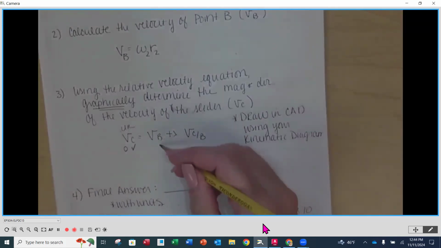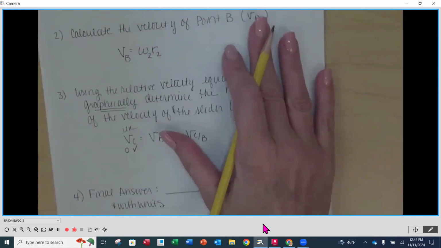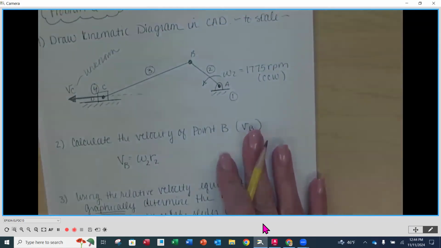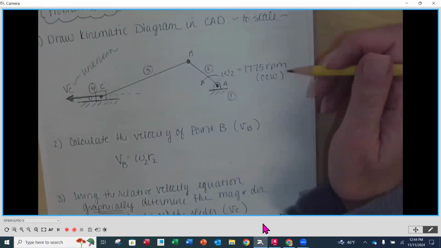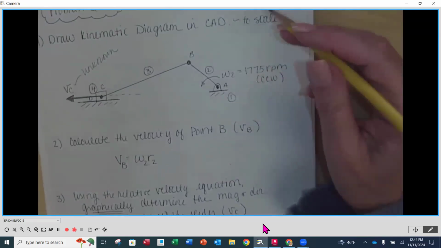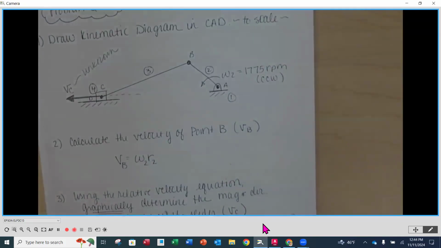Now let's move over to the velocity of B on the other side of the equal sign. So velocity of B is on the input link, right? Velocity of B is on the input link. Go ahead and draw in the direction of what you believe vector B should be doing on that link.